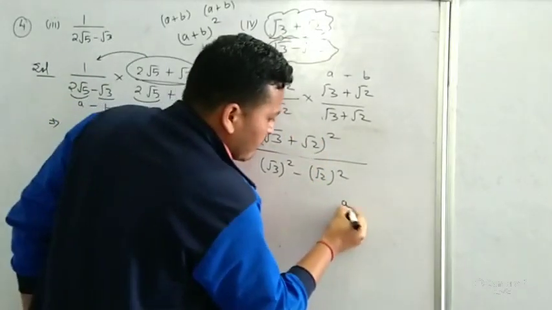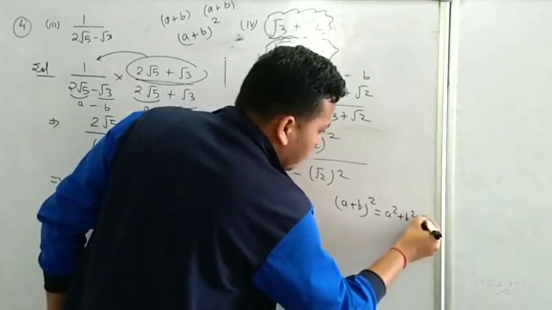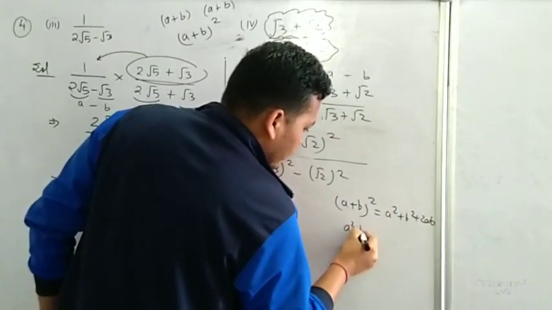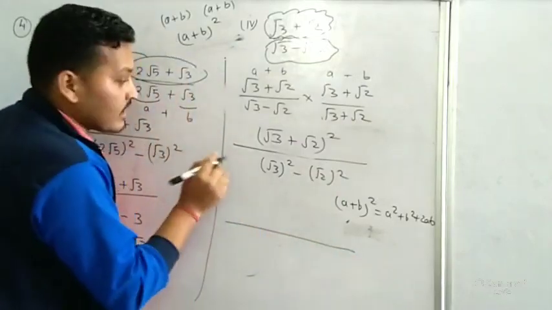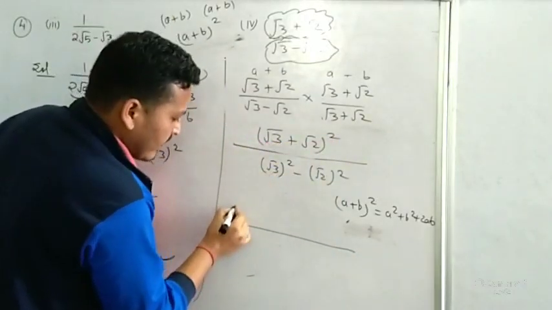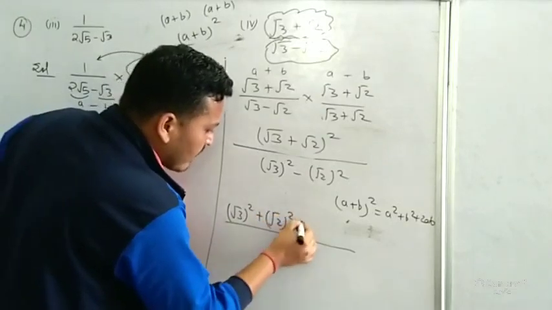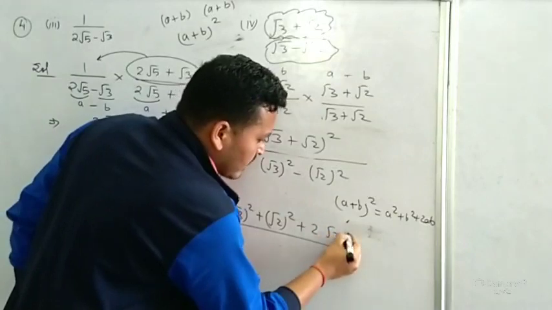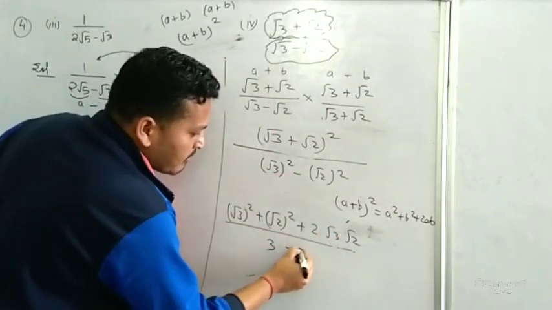So expanding this, a plus b whole square is equal to a square plus b square plus 2ab, and the second is a square minus b square. So the numerator is a plus b whole square: a square, root 3 square, plus b square, 2 square, plus 2ab, so 2 into root 3 into root 2, and the denominator is a square minus b square, so root 3 square 3 minus 2.